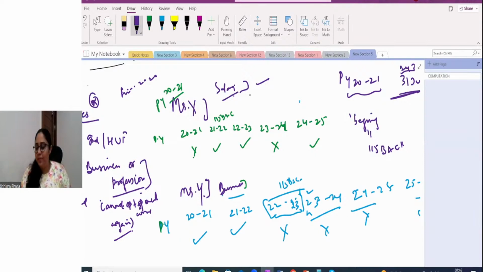Whatever is your average slab rate, that is your TDS rate, correct? So for the employer to know that you have opted for 115BAC, how will he know? You have to inform him. You have to give the intimation that I have opted for 115BAC, and this you give at the starting of the year.